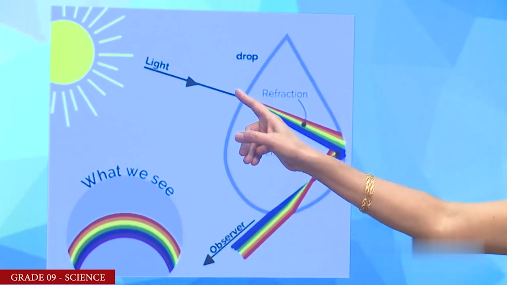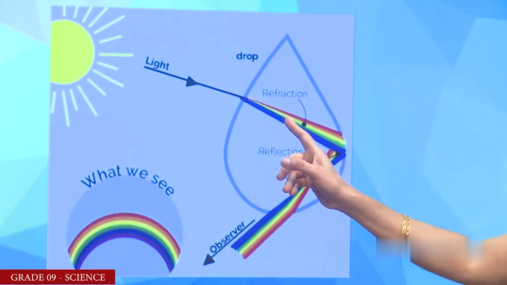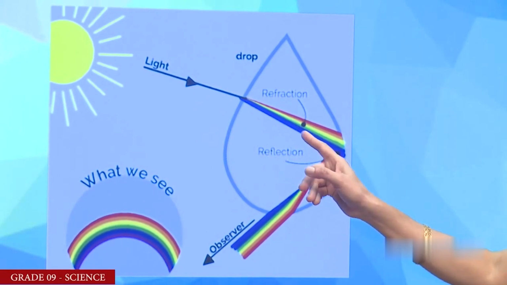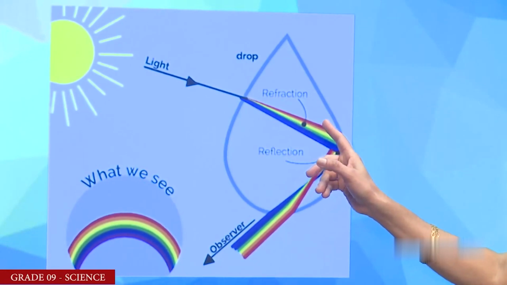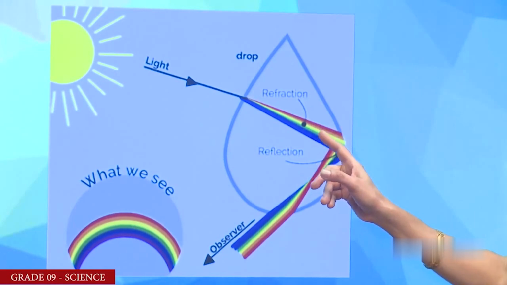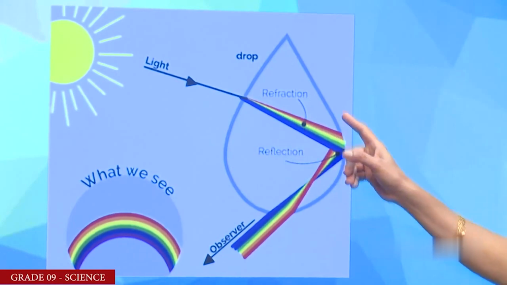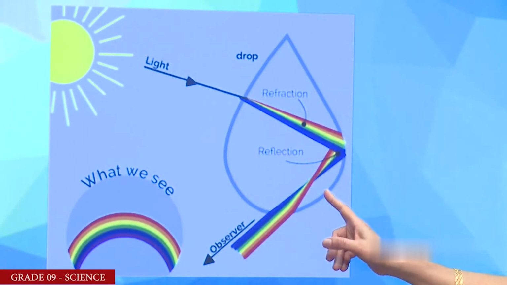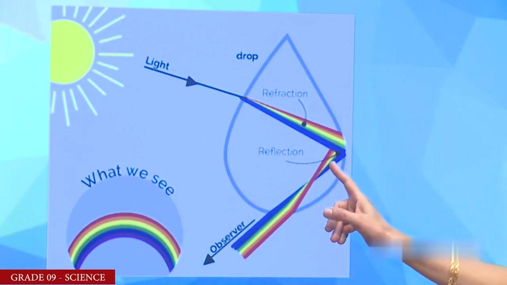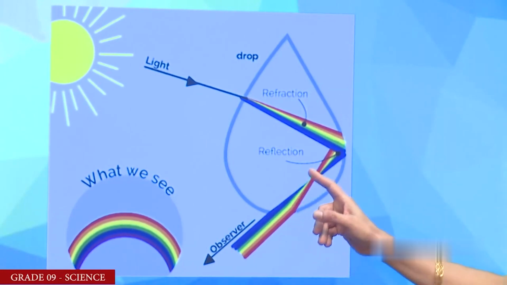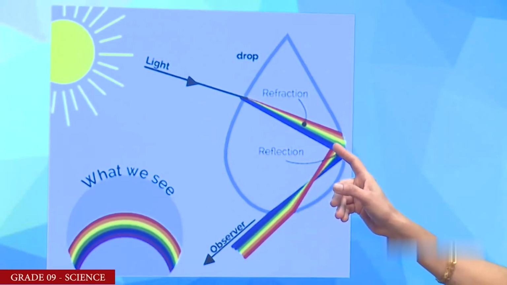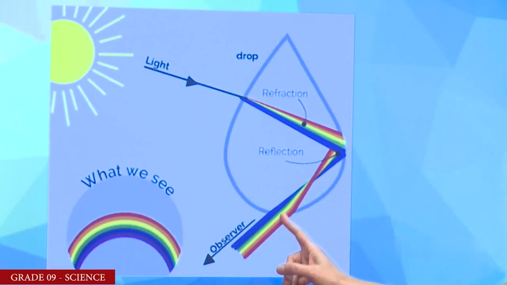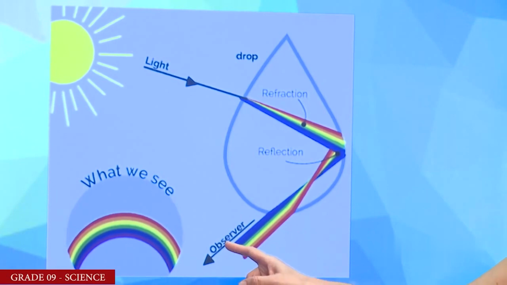Here white light gets refracted. As I told you earlier, violet light is refracted more than red light. When it hits the surface of the water droplet, it gets reflected. We call it internal reflection, and the reflected light rays reach the eye of the observer.